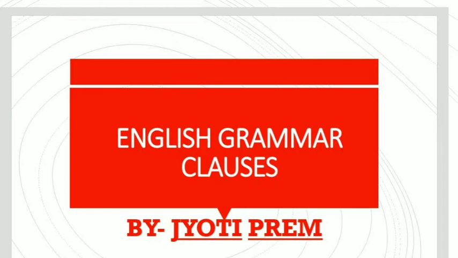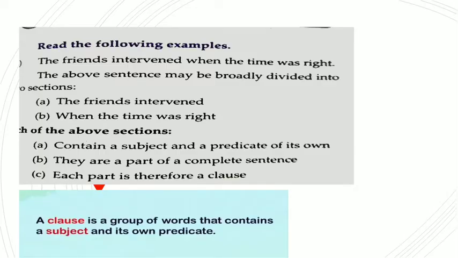Now, when we look at these examples given here, the friends intervened when the time was right. In the above sentence, if you divide it broadly into two sections, we find: the friends intervened, when the time was right.